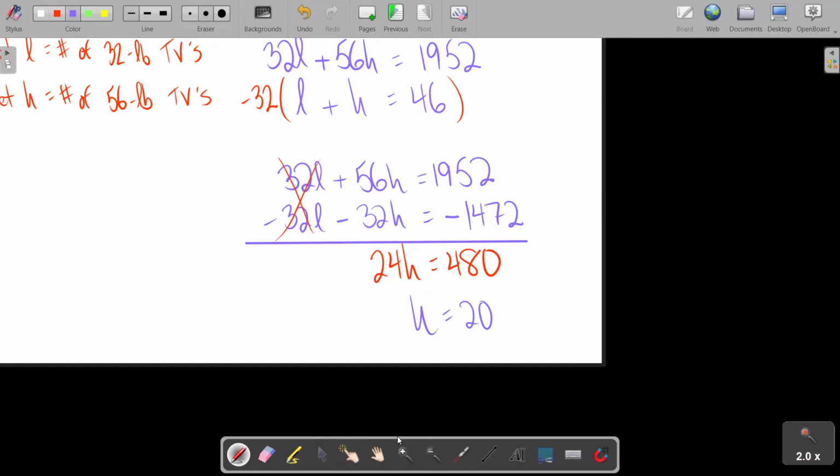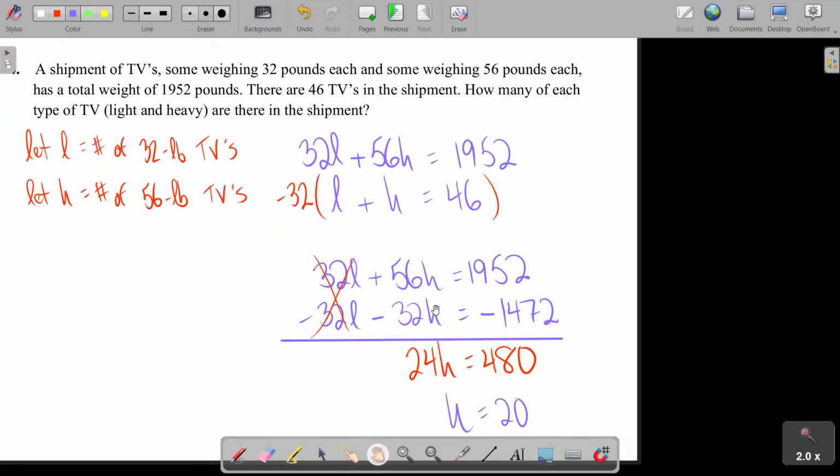Let's go read the question. How many of each type are there? So I guess we better go find the other one as well. I cannot think of a much simpler place to put our 20 than right here. And if you're someone with math anxiety, where you assume math is everything is hard, then you struggle with this.